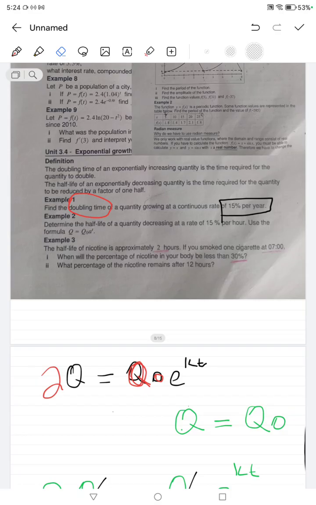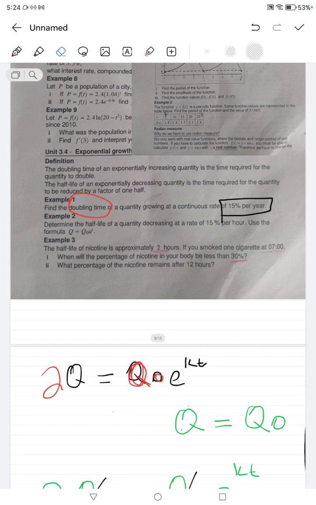So with this one, let's just see. Find the half-life of a quantity that decreases at 15%. Determine the half-life of a quantity decreasing. Use the formula.